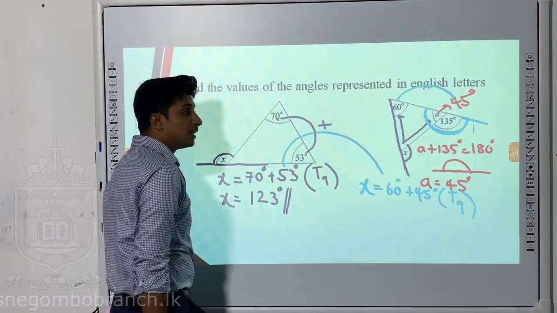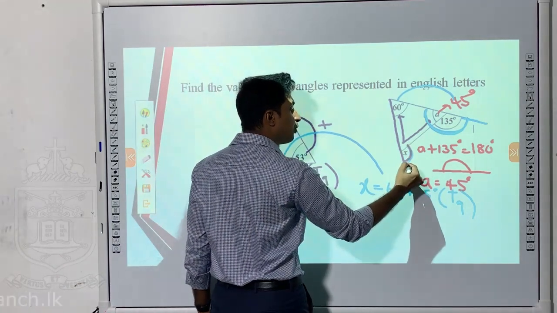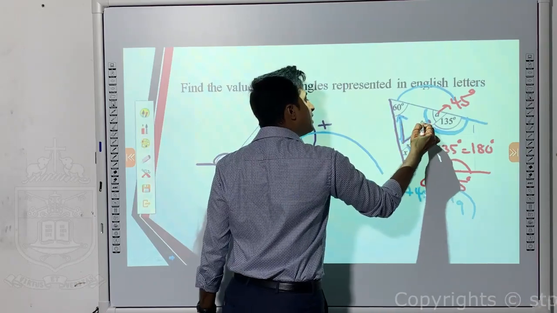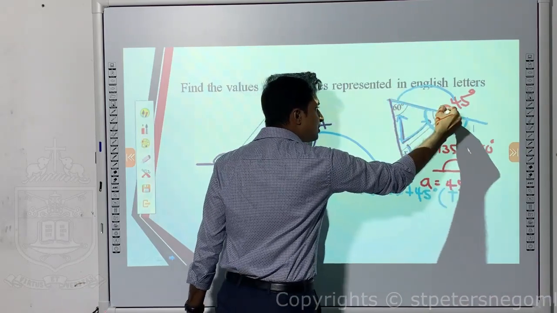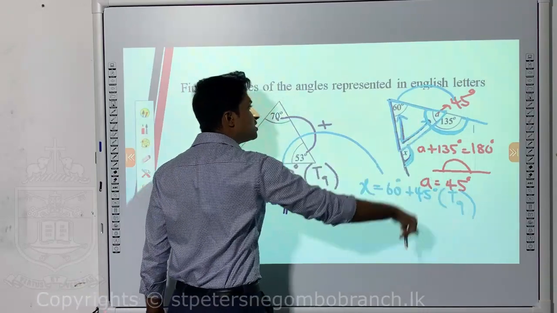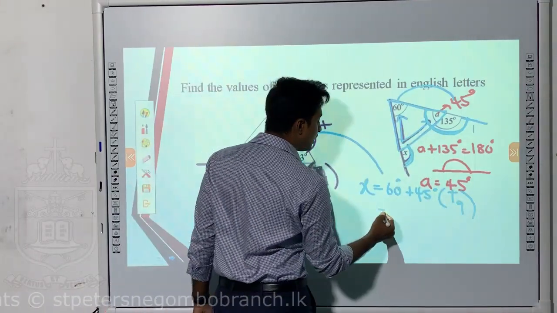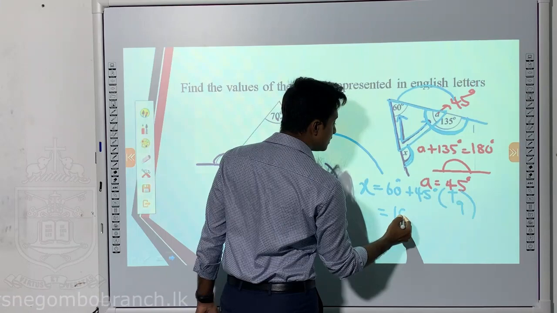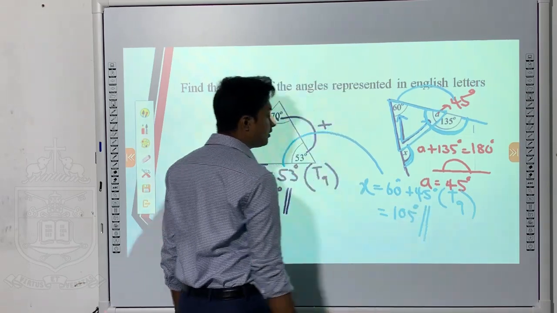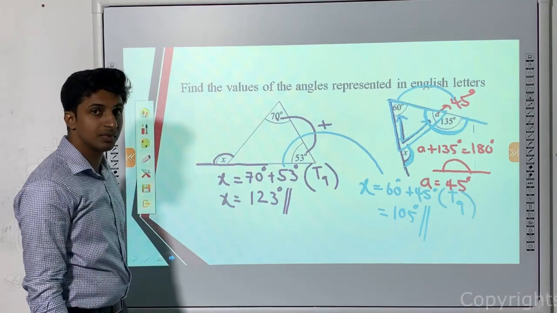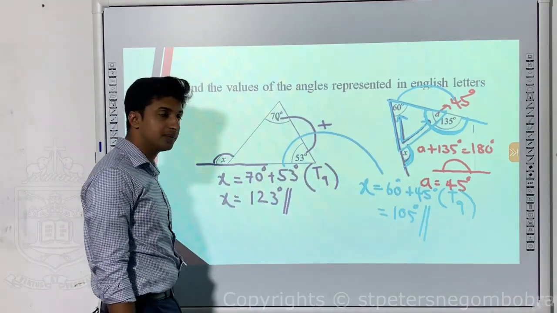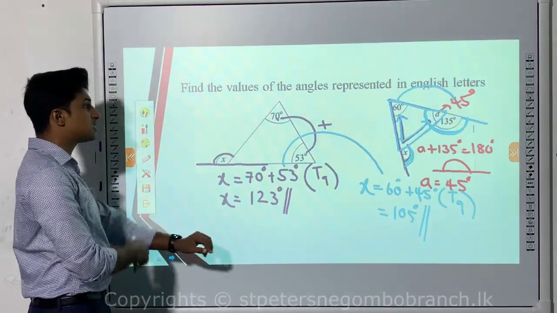This is the exterior angle formed, and it is equal to the sum of the two opposite interior angles in the same triangle. So that is going to be 105 degrees.